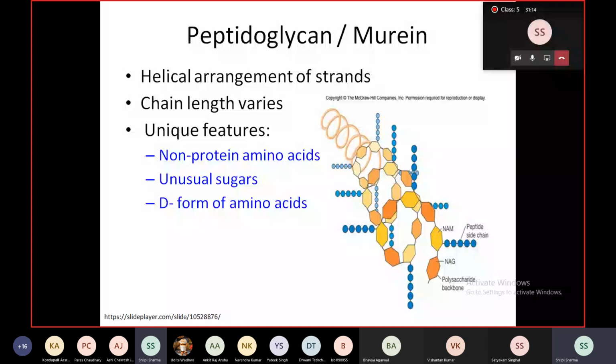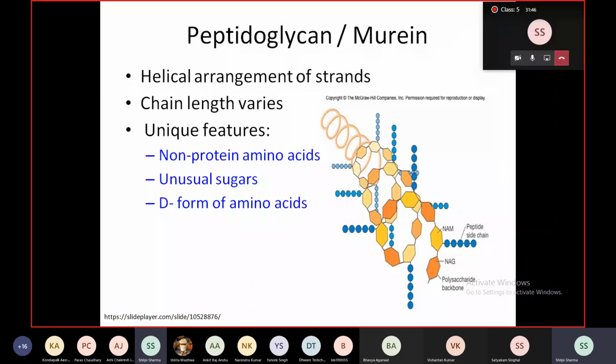There are two or maybe three features which make this peptidoglycan unique. One is the presence of these unusual sugars, NAM and NAG. And then there is also the presence of the non-protein amino acids. Now, when I say non-protein amino acids, these are amino acids which do not form a part of proteins in a cell.